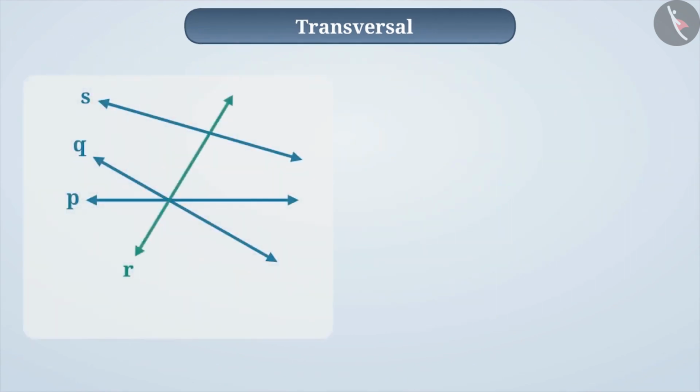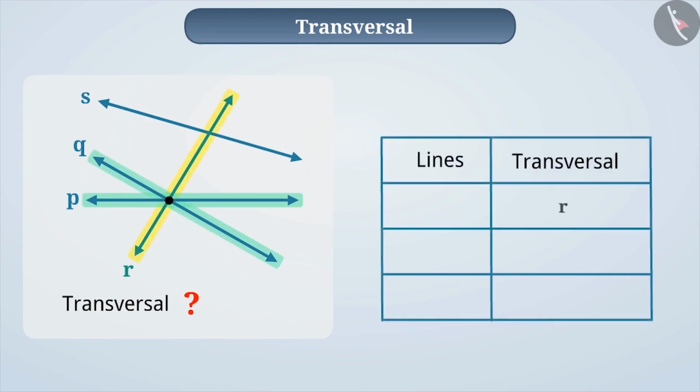Is the line R a transversal of the 3 lines P, Q and S? Think for a while. Absolutely correct. Since the line P, line Q and line R are intersecting at only one point, we cannot say that the line R is the transversal of the 3 lines P, Q and S. But if we observe, line R is intersecting the lines Q and S at different points.